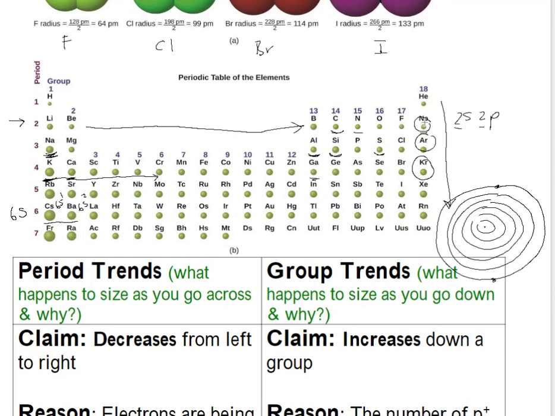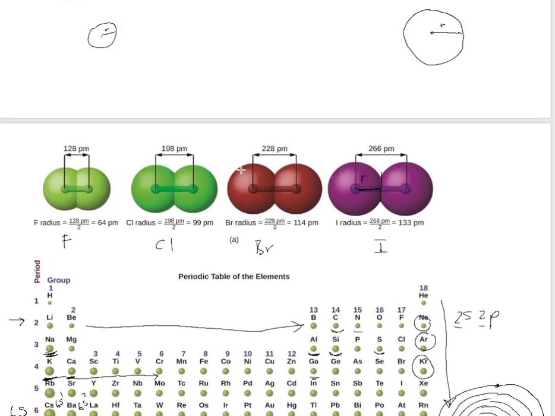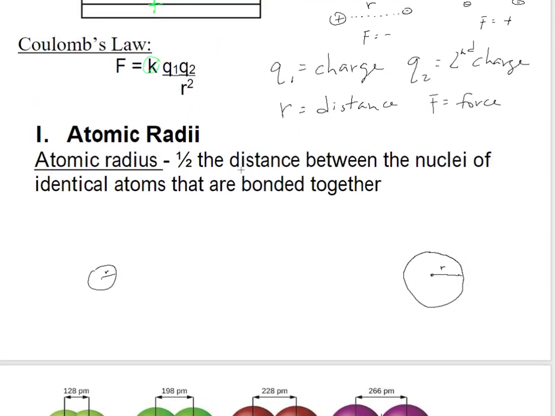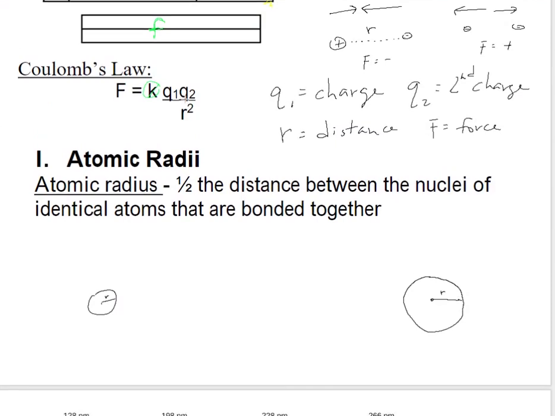Going way back to our Coulomb's law, the smallest atoms, so the lowest R value, is going to have the greatest. So the lower R equals a greater force of attraction. And if we're trying to take the electrons away, we have to overcome that force of attraction. So a small radius means higher ionization energy.